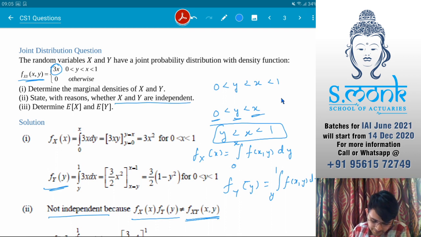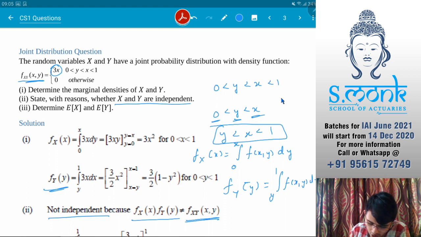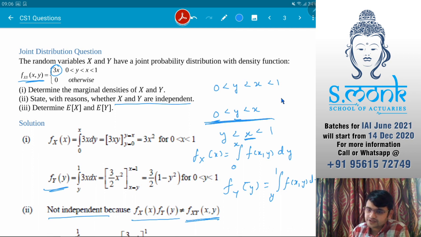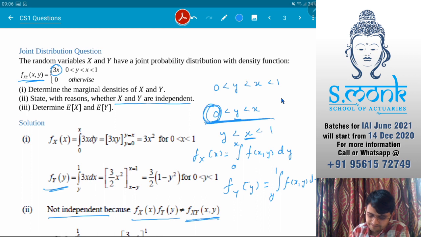If you have put all values of y, and the minimum value of x was y, what is the minimum value of x after substituting all values of y? It is going to be the minimum value of y. So after you have substituted all values of y, your value of x is going from 0 to 1.